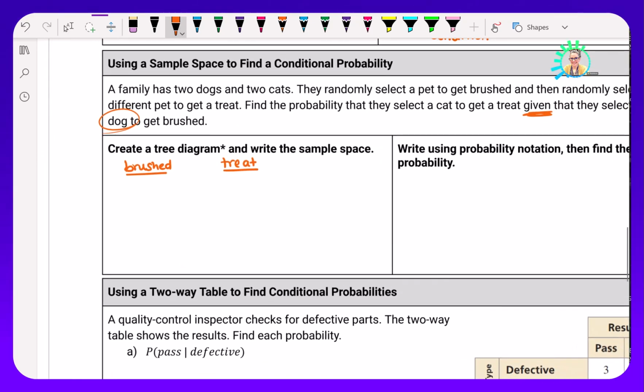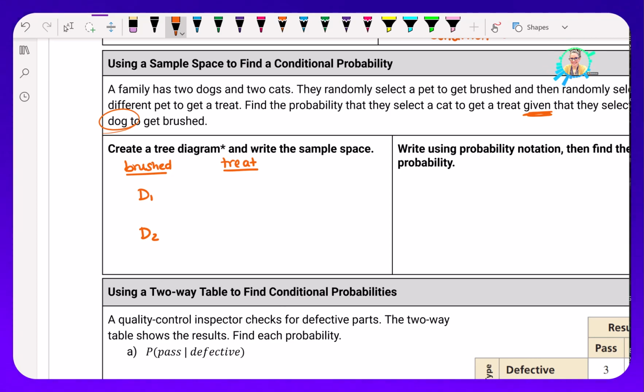So when I do my tree diagram, I'm only going to start with dogs because I'm trying to find the probability given that a dog got brushed. So I've got 2 dogs. So I'm going to say dog number 1 and dog number 2. Now, like I said before, this has a condition, so I'm only doing a partial tree diagram.